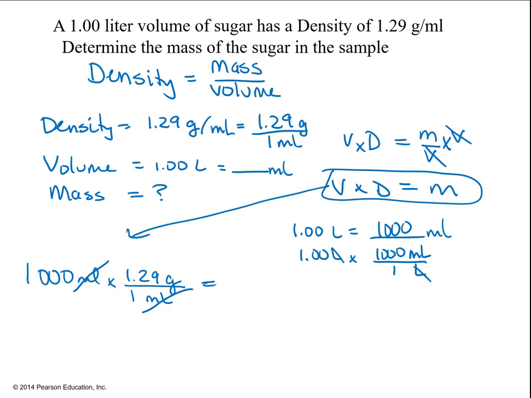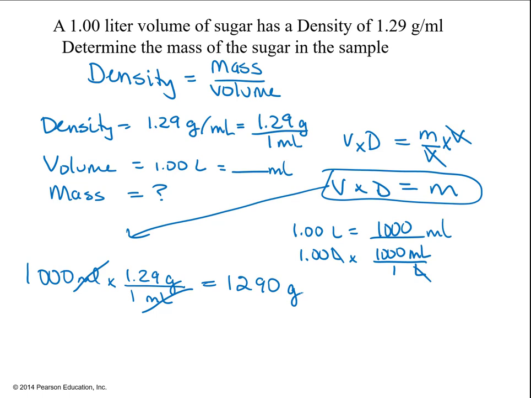So now when I do this math, 1,000 times 1.29 is 1290. In units, grams. Where's my decimal go? The decimal's at the end. So 1,000 times 1.29 is 1,290.